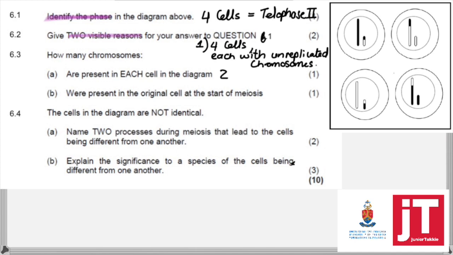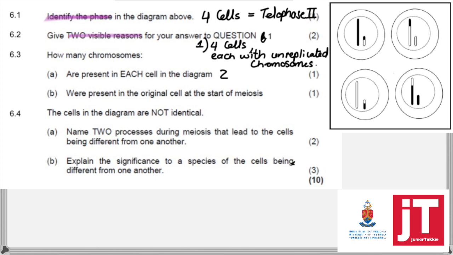And now, how many chromosomes were present in the original cell at the start of meiosis? Again, this is testing our understanding of reduction division. Meiosis starts with 2n number of chromosomes in a nucleus, and at the end of the process of meiosis we have n number.